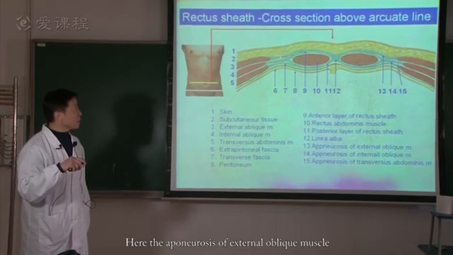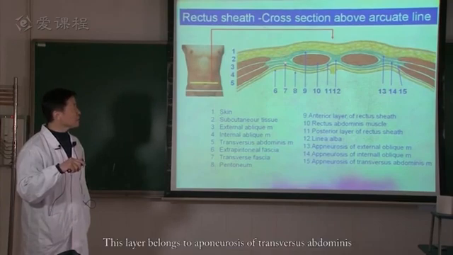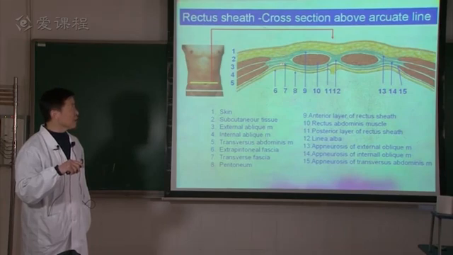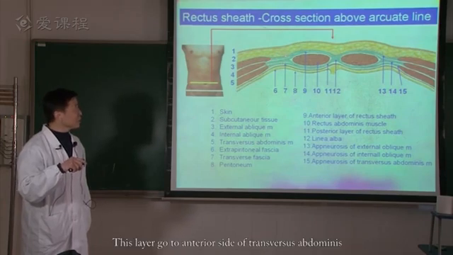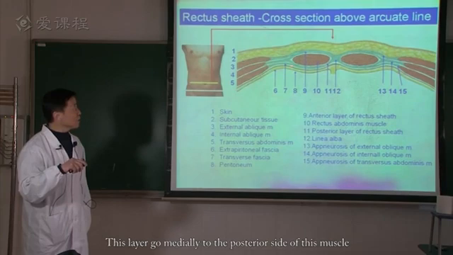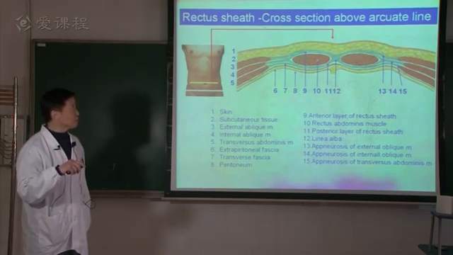Here is the aponeurosis of the external oblique muscle. This layer belongs to the aponeurosis of transverse abdominis. This layer goes to the anterior side of the muscle. This layer goes medially to the posterior side of this muscle.